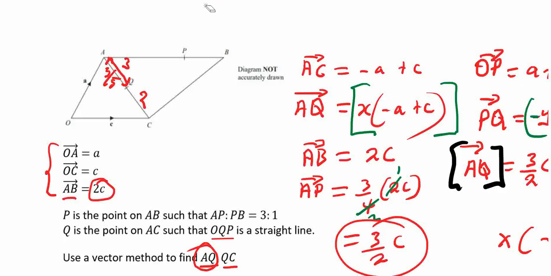The denominator is the sum of the ratio. But A to Q will be 3, which is the numerator. And Q to C will be 2, because the sum of the ratio is 5. So that is the answer to this question, and I hope it makes some sense.